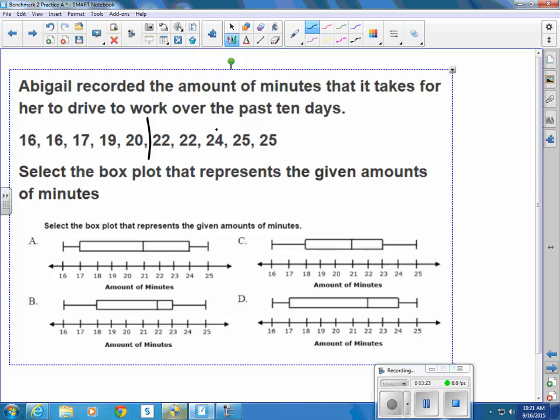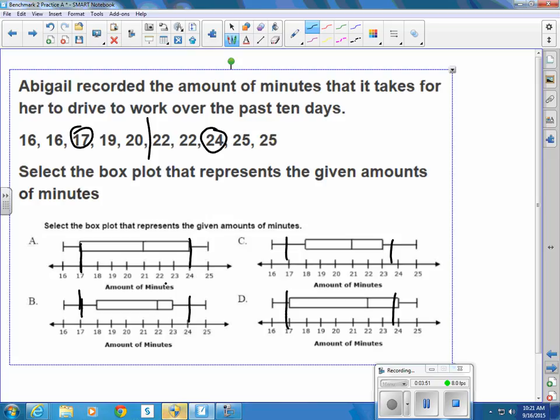And the middle of each half would be 17 and 24. So the quartiles, first and third, would be 17 and 24. So that matches there, does not match there or there, matches there and matches there, does not match there and does not match there.